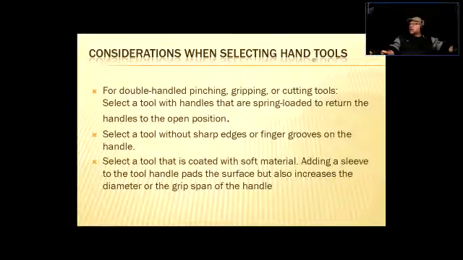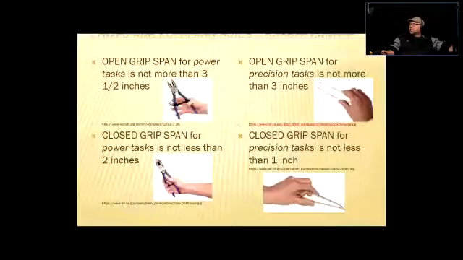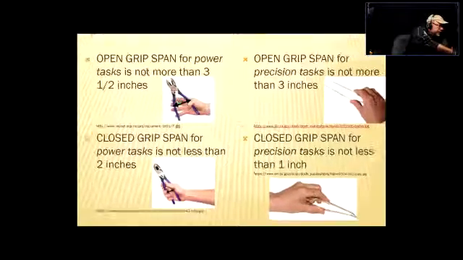Considerations when selecting hand tools. All right, for double-handed pinching, gripping, or cutting tools, select a tool with handles that are spring-loaded to return the handles to the open position. Okay? Spring-loaded, do they have, no, I don't have it.